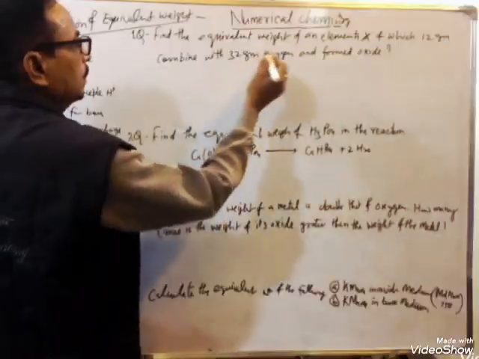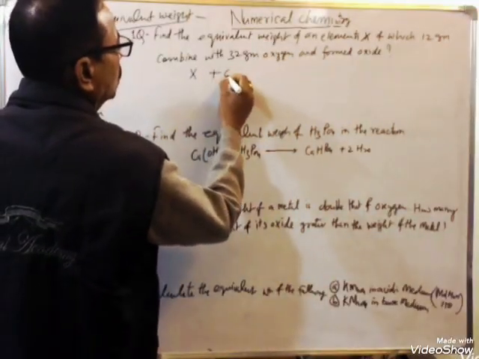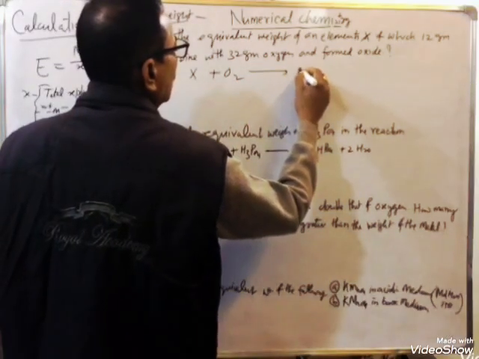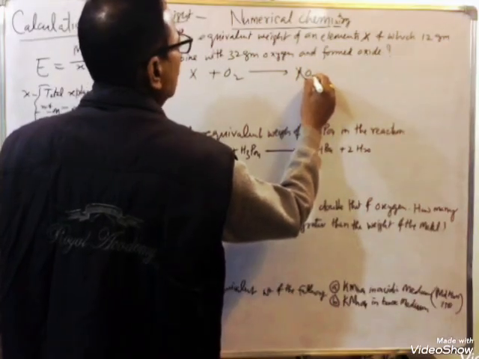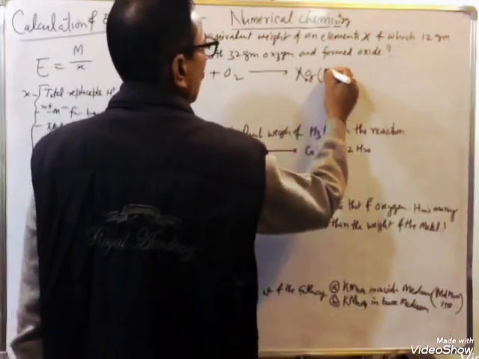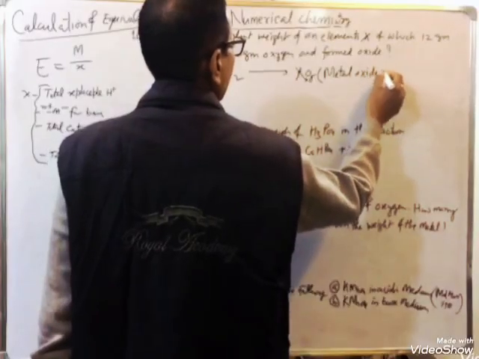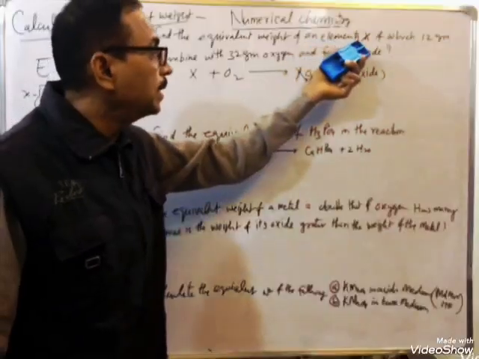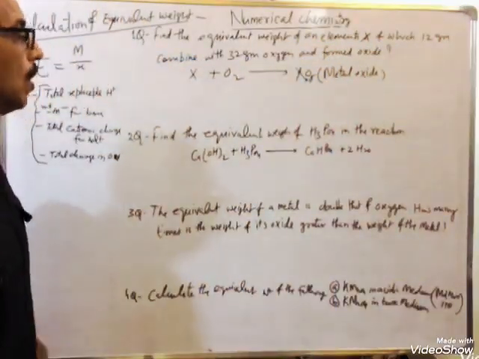Let X be an element which reacts with oxygen and forms a metal oxide, maybe XO or XxOy, I don't know, but it is a metal oxide. The question is, find the equivalent weight of X of which 12 gram reacts with 32 gram of oxygen.